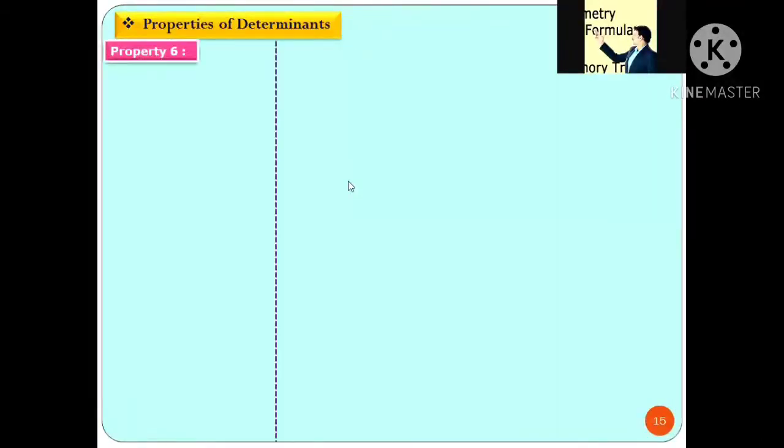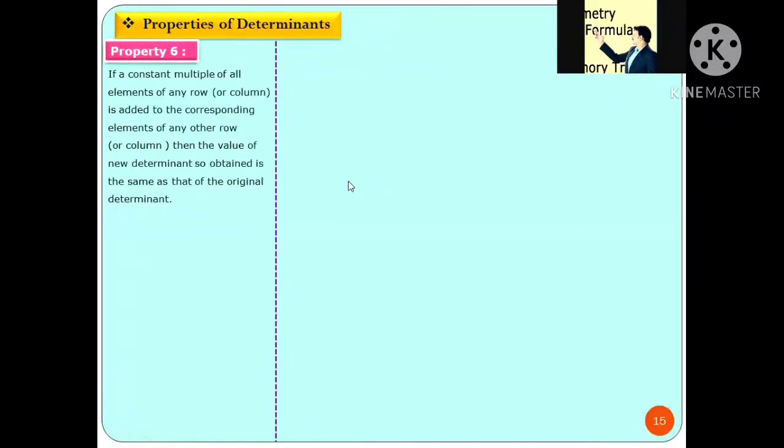Next property, sixth statement of property. If a constant multiple of all elements of any row or column is added to the corresponding elements of any other row or column.